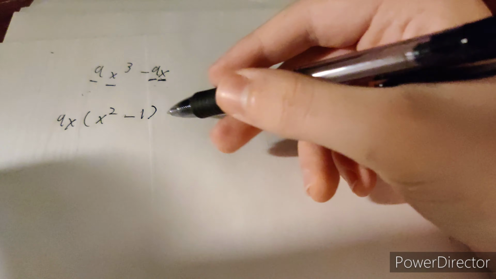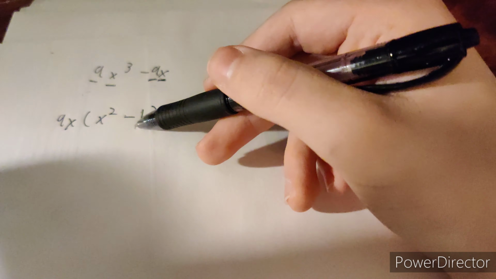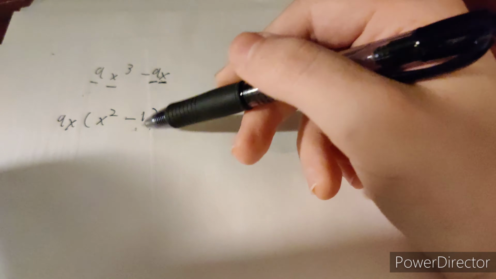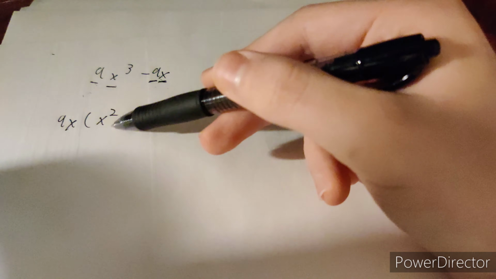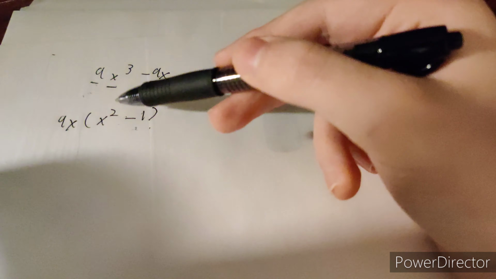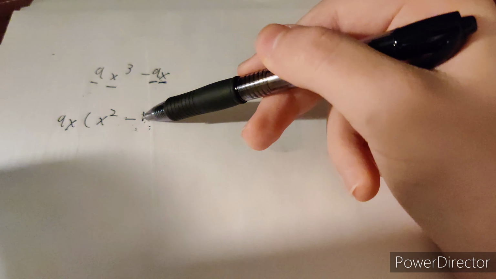So 9x times x squared minus 1. Now what do you do with the x squared minus 1? Well, there's this neat trick. Whenever you see a minus 1 and a thing squared, it's always going to be this minus this, whatever this number ends up to be.